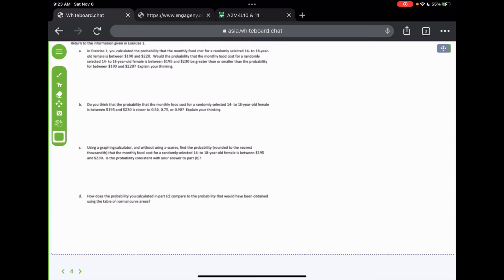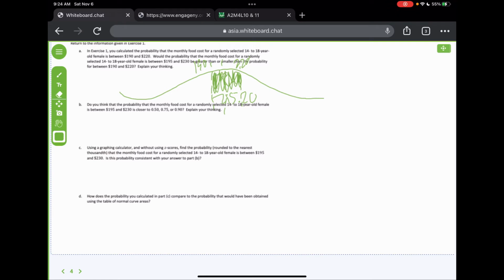Well, let's just draw it. The mean for exercise 1 was $215.20. Now, if you look at 190 to 220, you're talking about the probability that falls right here.